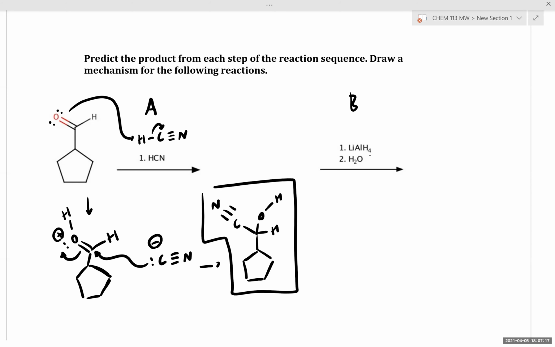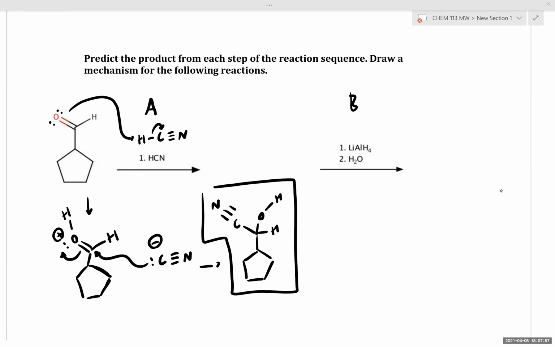So does anyone have a proposal for the structure of our product? Lithium aluminum hydride is a pretty strong reducing agent.